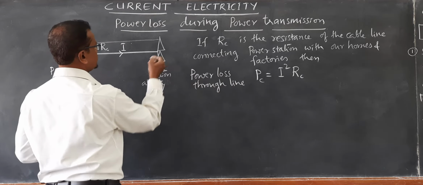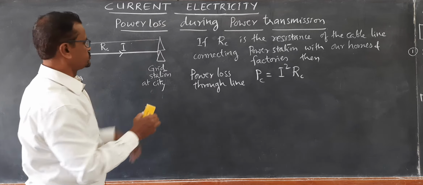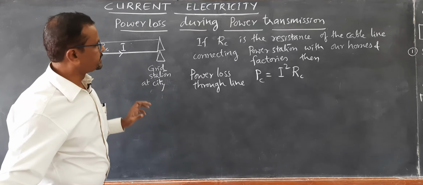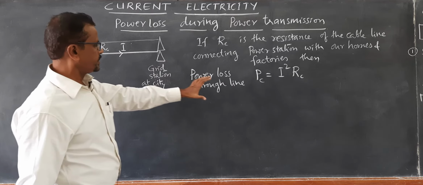From this grid, the power will be further distributed, right? So this will be of several hundreds of kilometers. Then the power loss is very huge.